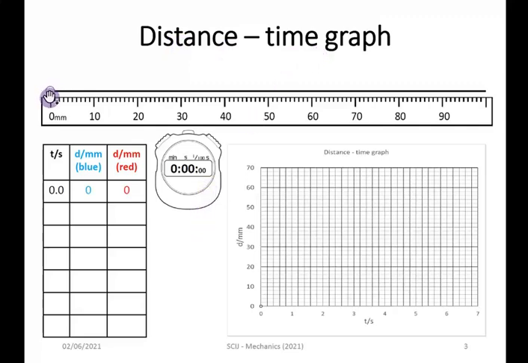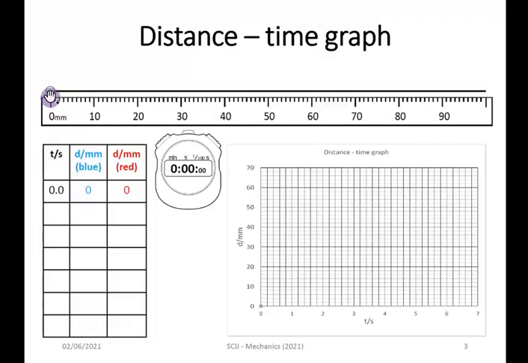We have two particles at rest here. They are about to move along this line, and we have a meter rule to measure the distances that they will be traveling for the time that this one will be recording. So the first situation is that they are at the reference point, which is at 0.